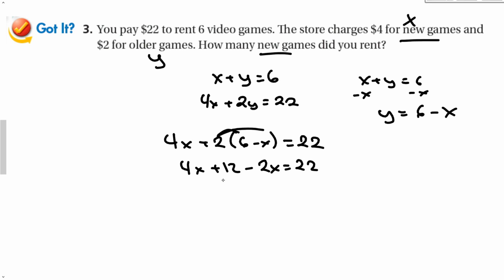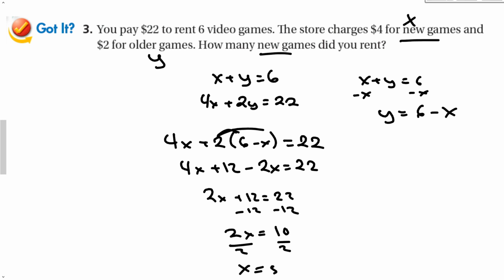Right? 4x minus the 2x, they're on the same side, so they just go together. It's 2x plus 12 equals 22. Subtract out the 12, and I get 2x is equal to 10. Divide by 2, x is equal to 5. Okay, so you are going to rent 5 new games, 1 old game.